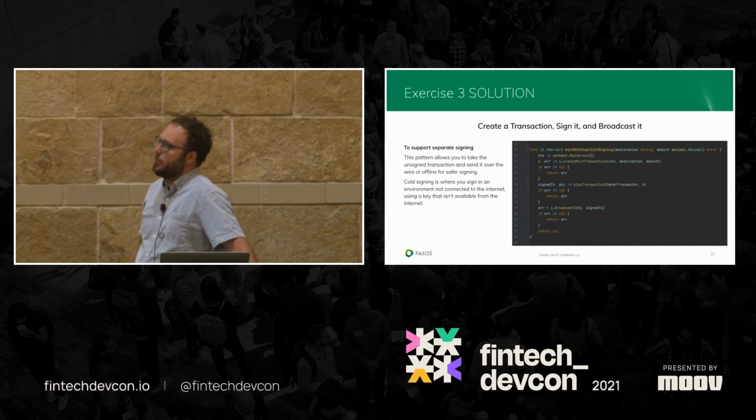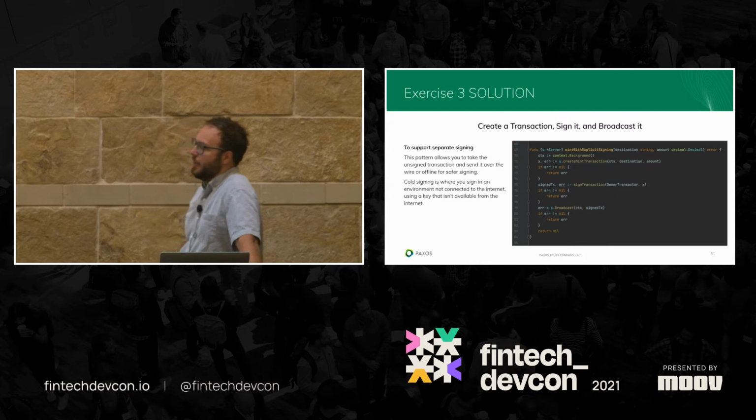The benefit of having that separated out is you could put that over the wire as a JSON or whatever to be able to pass around that unsigned transaction to whoever it is that needs to sign it. And whoever needs to sign it, they could do it in Golang.